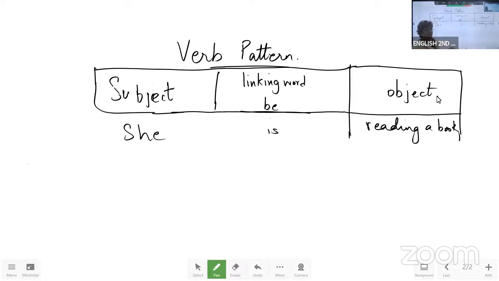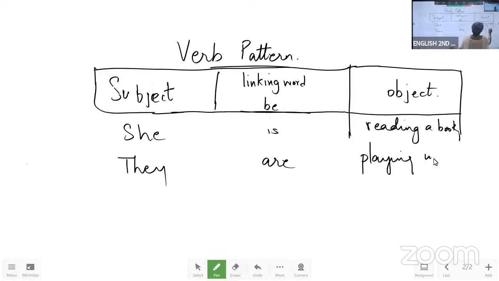That is why you have to give a complete statement: she is reading a book. They are playing. Again, they are playing is incomplete. Instead of just writing playing, write playing in the ground. So in this way, make use of the correct statements and also remember the linking word. Please do not repeat them.